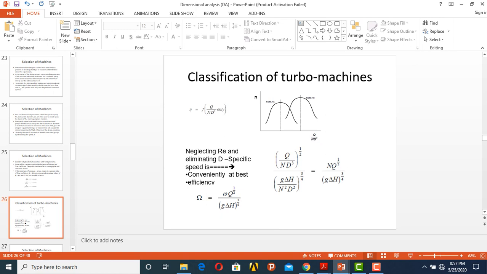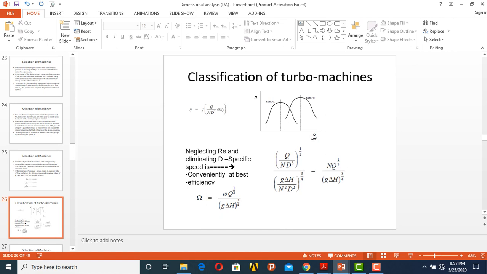Normally, these turbomachines are classified in two families. Each family has got a range of specific speed. It may have 0.3 to 0.5 maybe. That's the range within which the machine can operate, the range within which the machine can have higher efficiency.